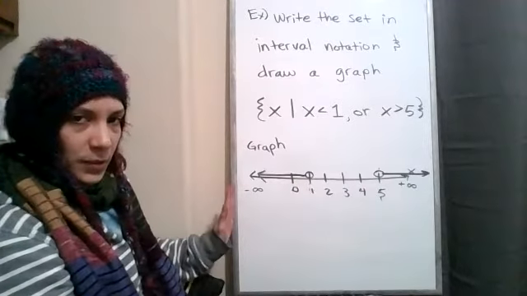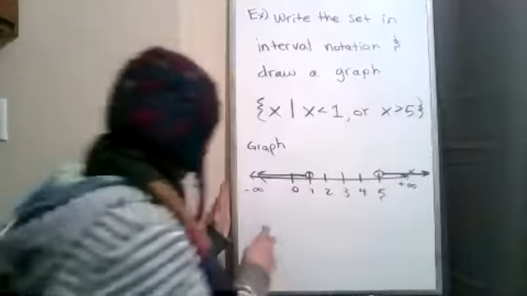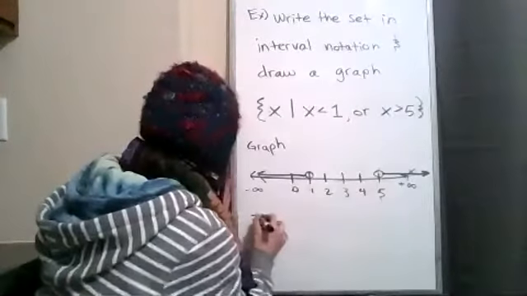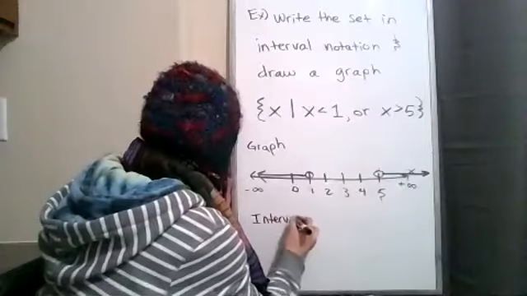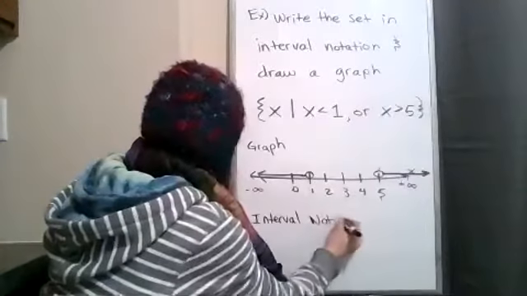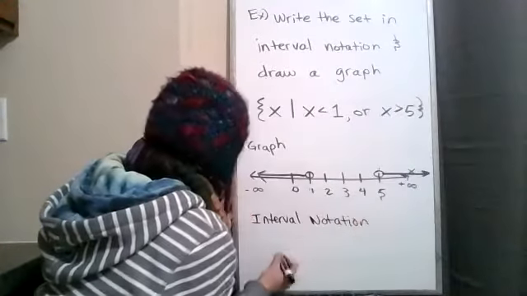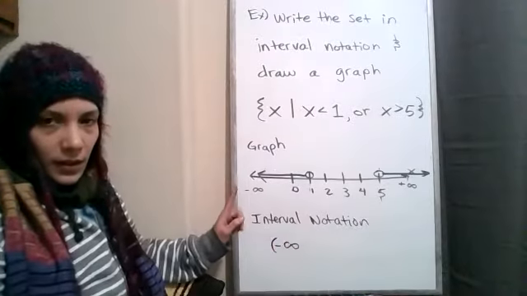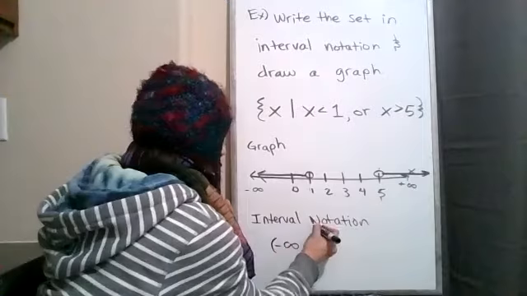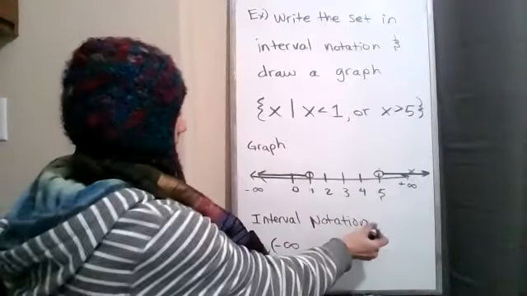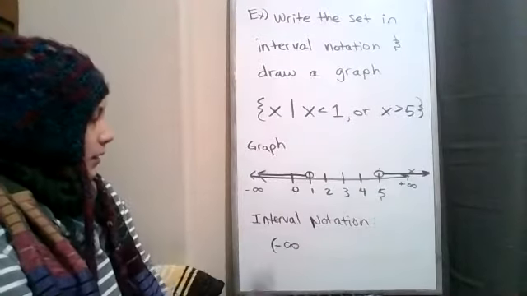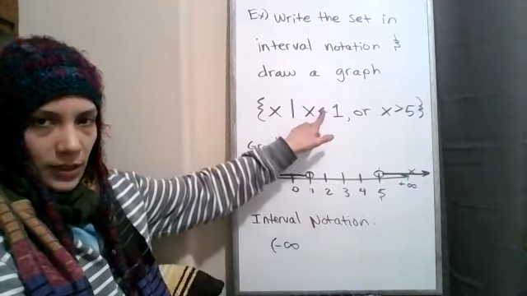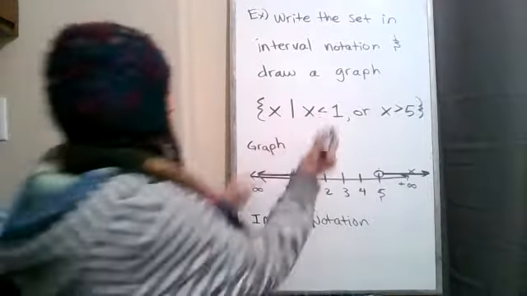So we'll go from the smallest number, negative infinity, over to 1. Don't include 1, so put a parenthesis around 1.